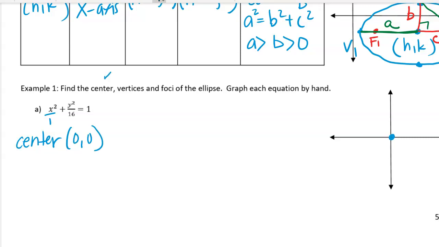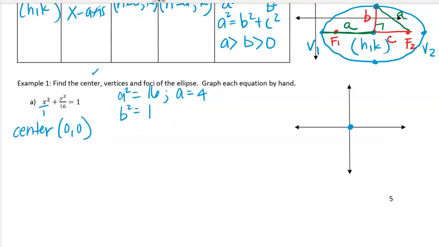Checked. Okay. Do we know a squared, students? What's a squared? 16. And that's under which variable? Y. So how is this going to be positioned? Vertically. b squared, Saba. What's b squared? Good. So if a squared is 16, students, a would be what? 4. Can I go up 4, down 4? Yep. 1, 2, 3, 4.